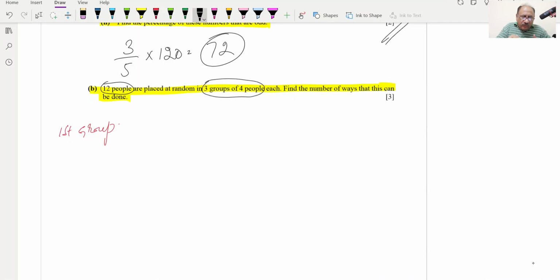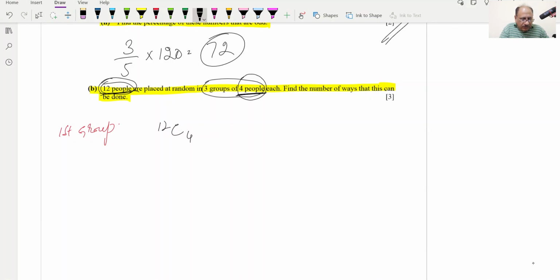So out of 12 people, we have to choose 4 people. So we will write 12 choose 4, because we are selecting 4 people out of 12, and that is randomly we are choosing.